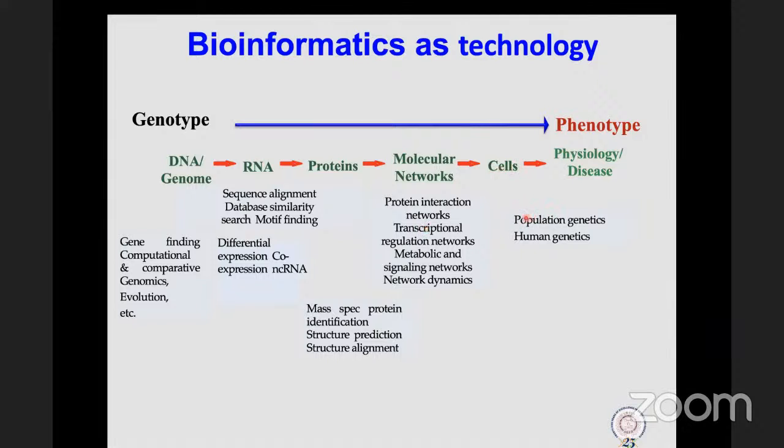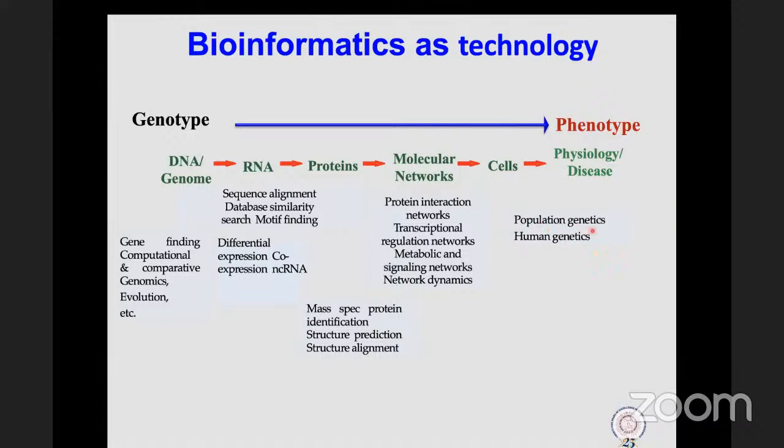And then there is population genetics or human genetics. In population genetics, if you are dealing with SNPs, you can easily find the same gene present in two different persons, one normal and one having a disease.